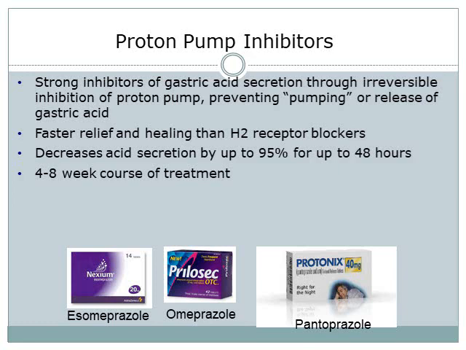It will very strongly bind to that proton pump and block any movement in and out of that area, which in turn reduces the whole amount of acid found in the stomach, because you're not getting all this hydrogen, and essentially allows for that healing to occur. About 95% of all hydrogen that comes into the stomach can be removed for up to 48 hours from one dose. So it is much, much stronger than your H2 receptor blocker.